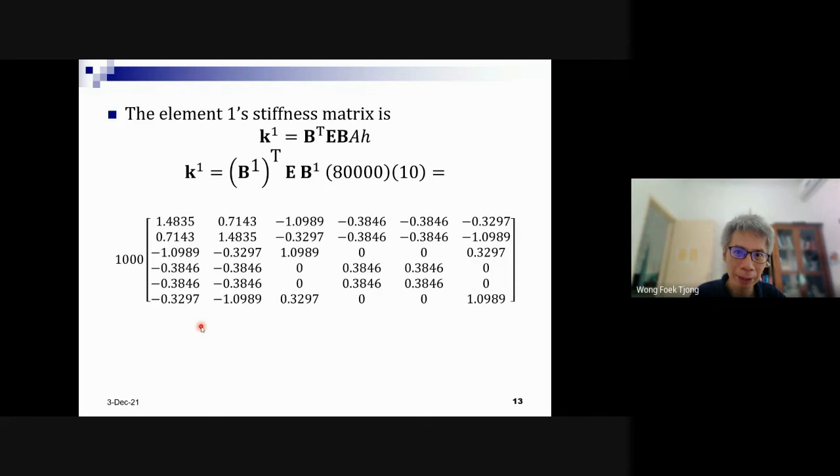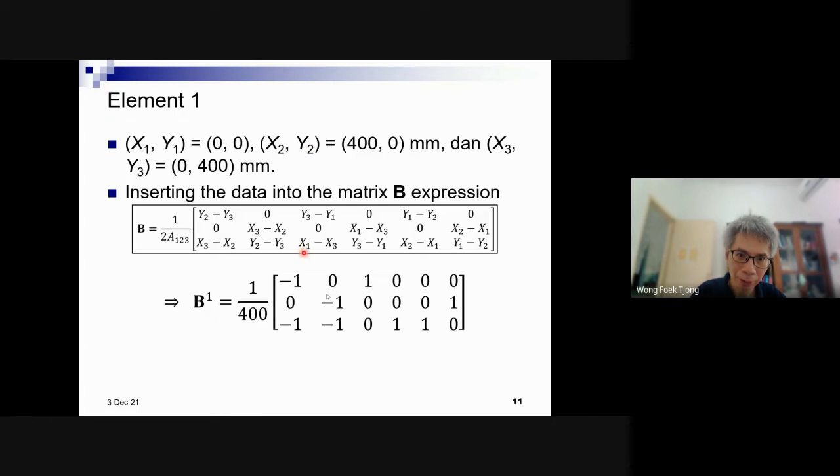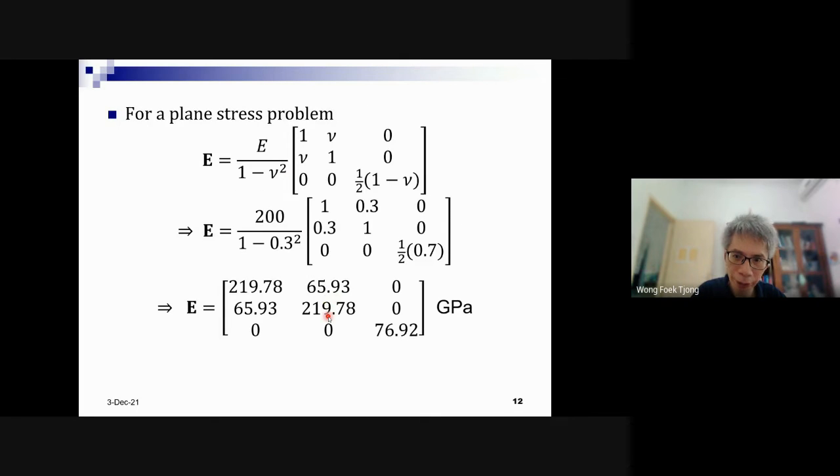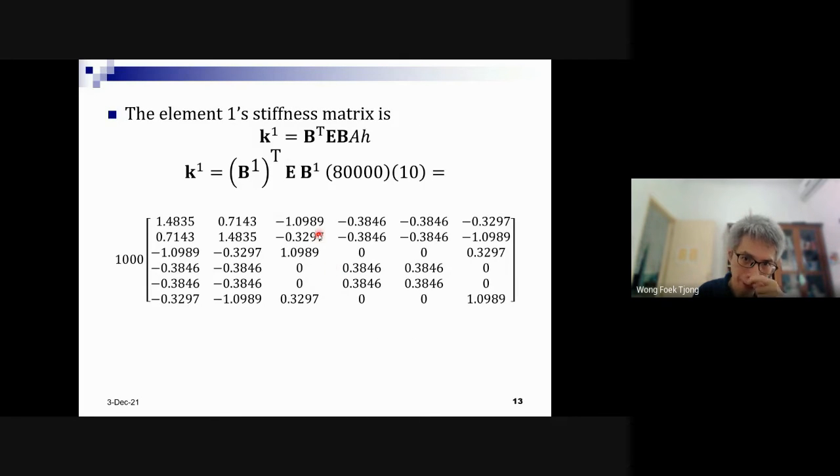So the stiffness matrix for element number 1 is given by this one: B transpose E B, A, H. Of course, B here is just this one. Transpose. E we have calculated. And then B, same B as this one, right?